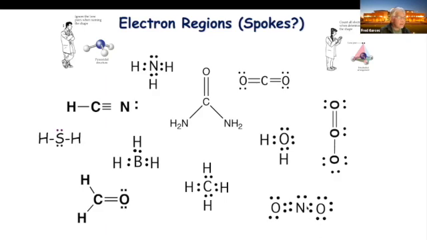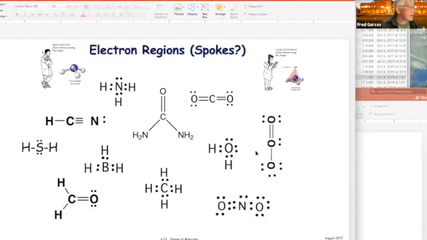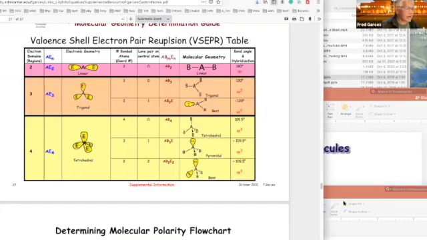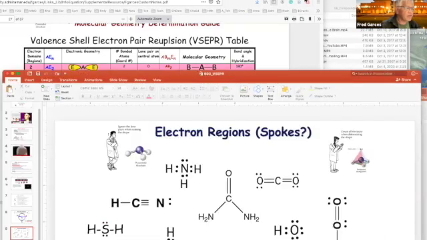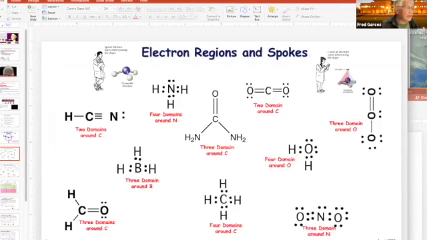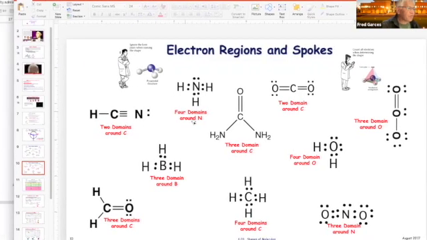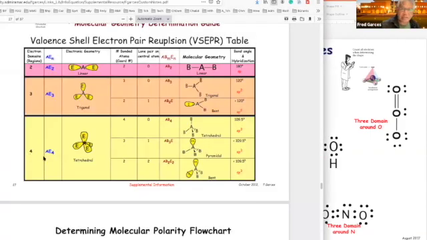So now we can figure out what the geometry is for each one of these, just based on this table. We can come up with the geometry for all of these. We have 4 domains on NH3, so we go under 4 domains.